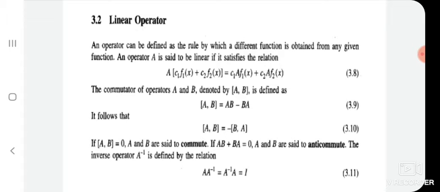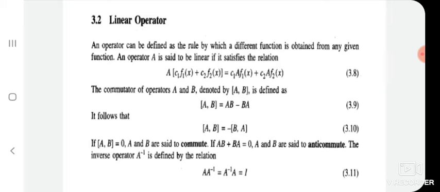The role of an operator is that it transforms one function into another function. That's it. Now, if an operator A operates on a function C1 f1(x) plus C2 f2(x), where C1 and C2 are constants, it gives C1 A f1(x) plus C2 A f2(x).